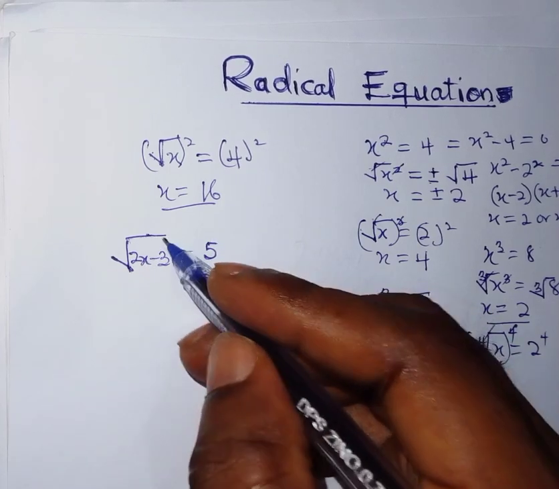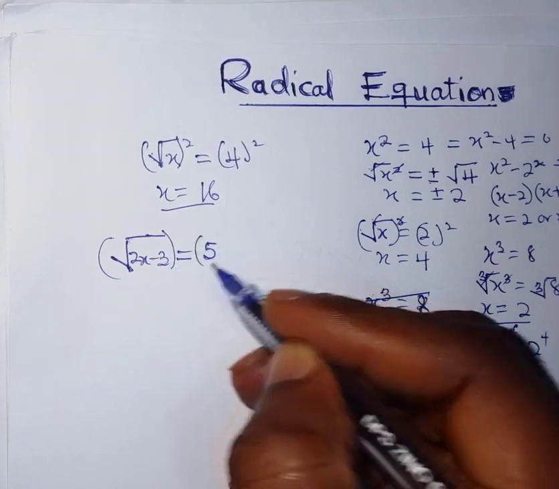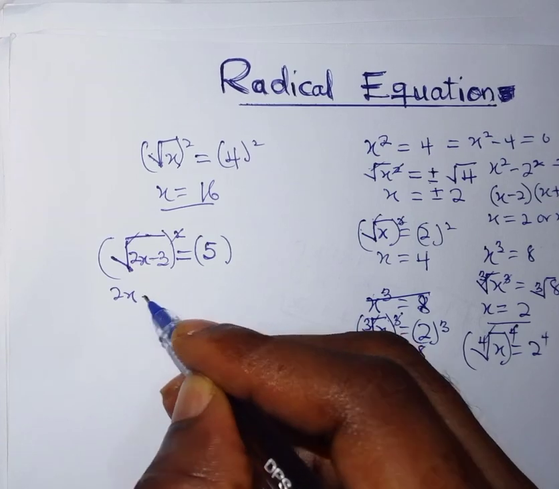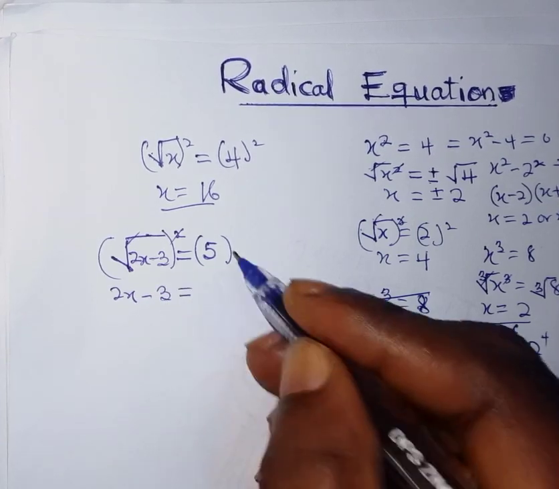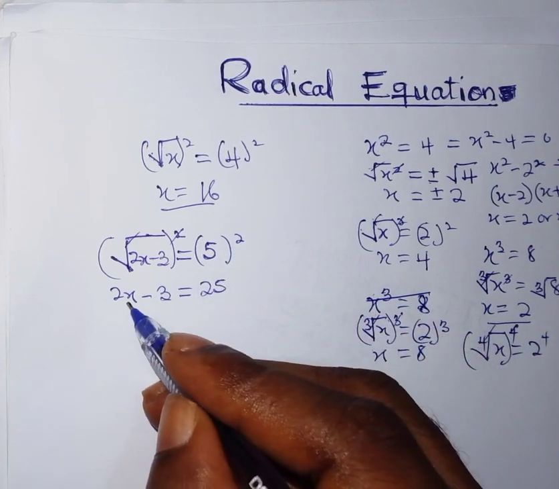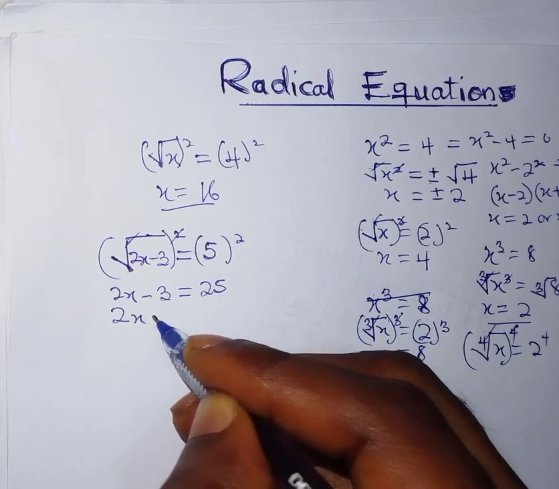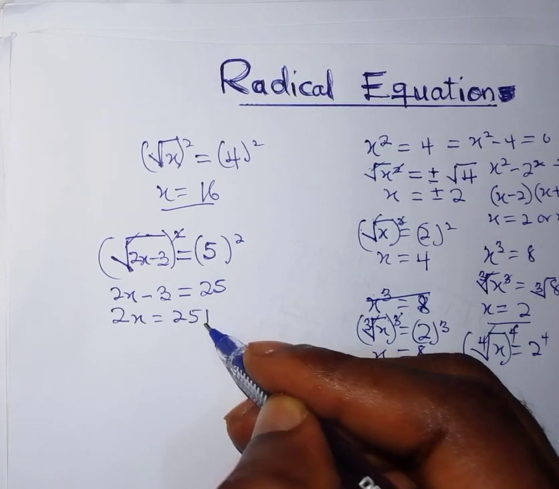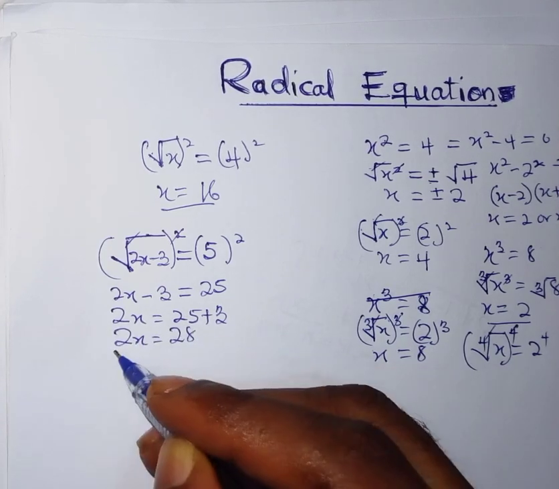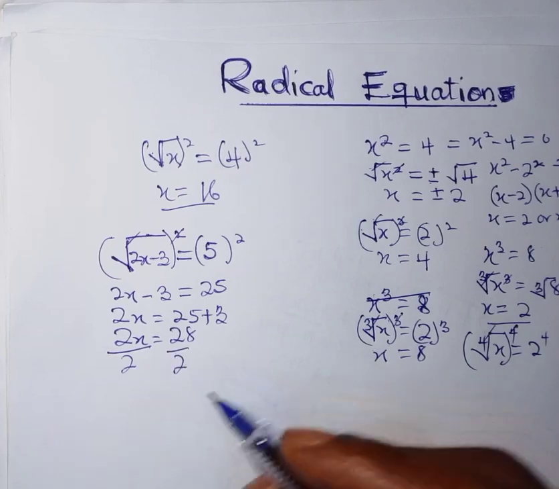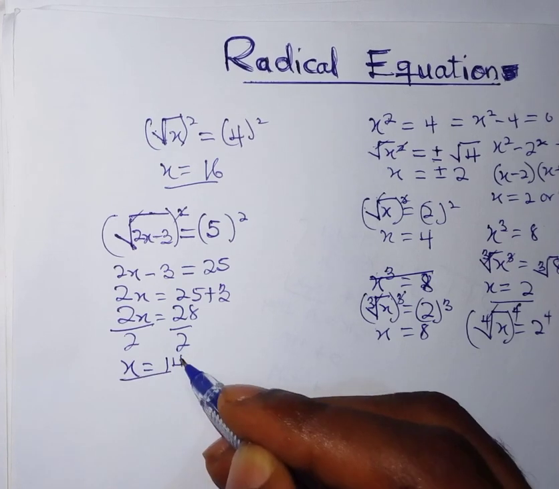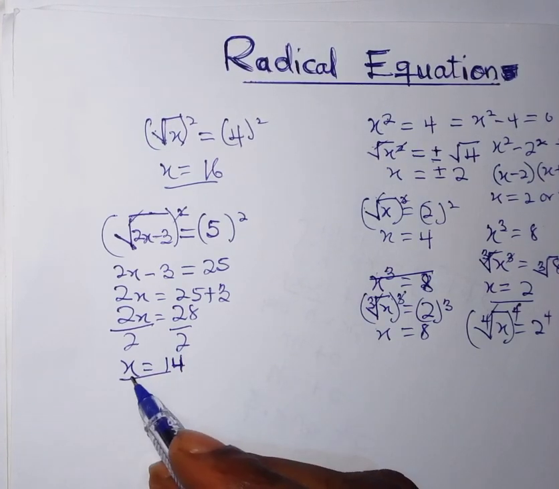Because you have a square root, you only square both sides. So I'll have my 2x minus 3, which is equal to 5 squared, which is 25. I will just group like terms: 2x is equal to 25 plus 3, so I'll have my 2x is equal to 28. I will divide both sides by 2 to get my x as 14. Very simple, right? Good.